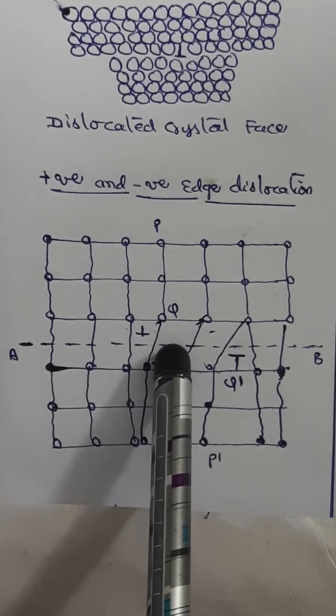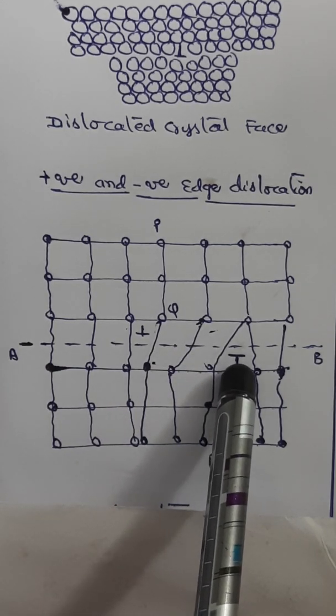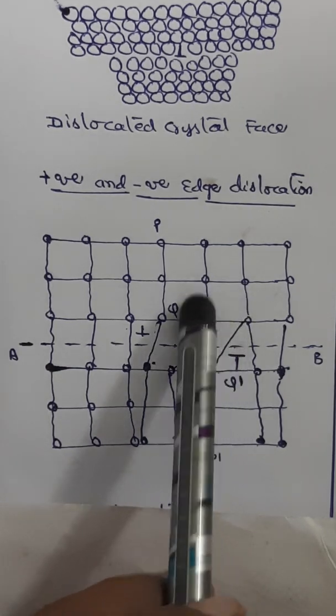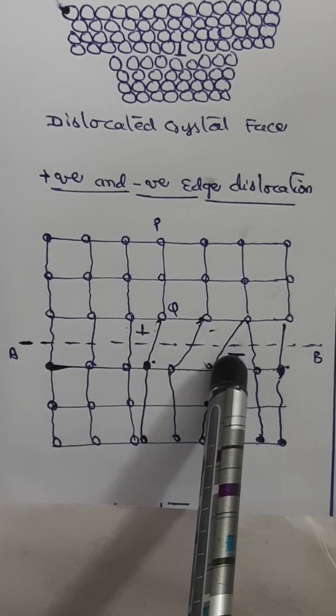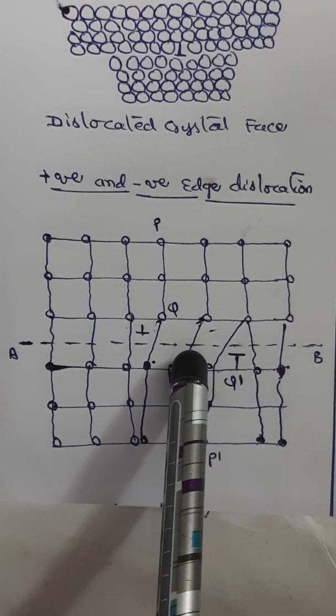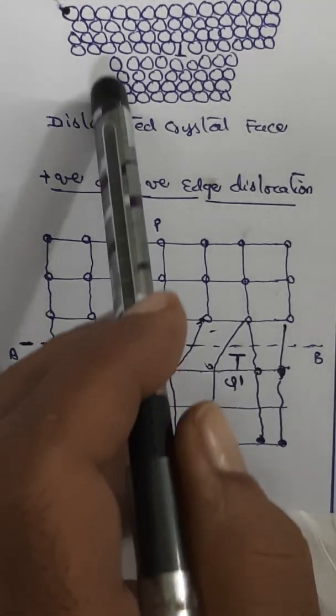The atoms in the upper portion are in a state of compression. Here there is an expansion as well as a compression. And therefore the atoms in the lower portion are in a state of tension.